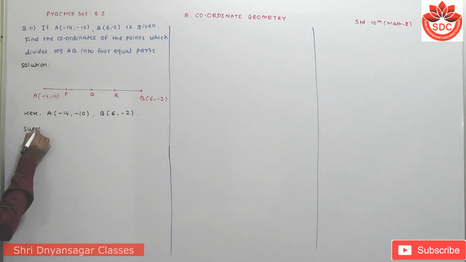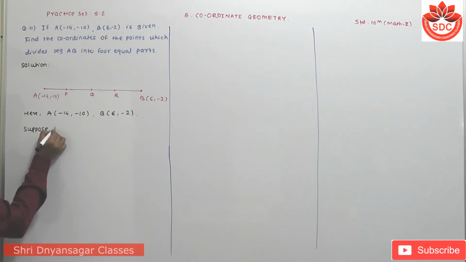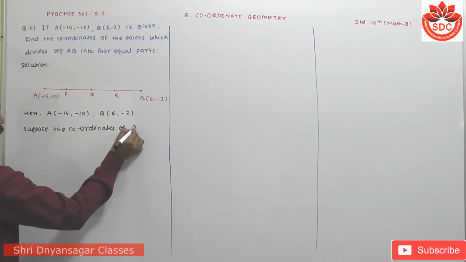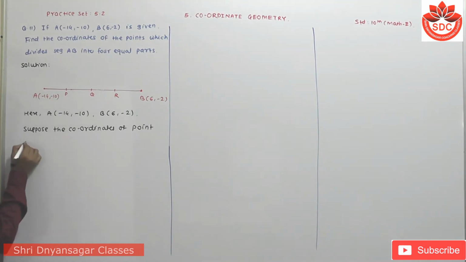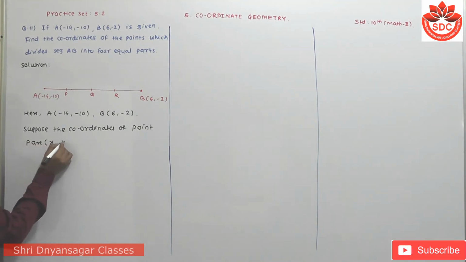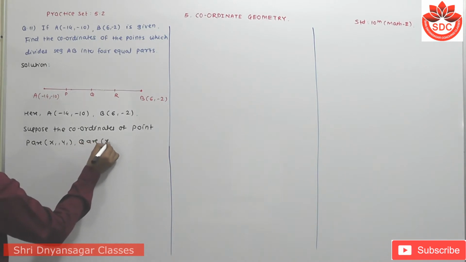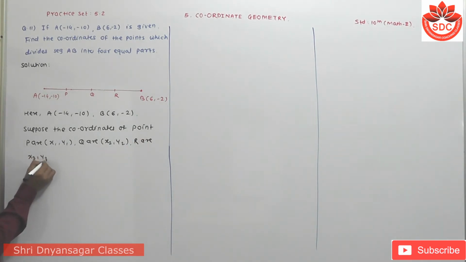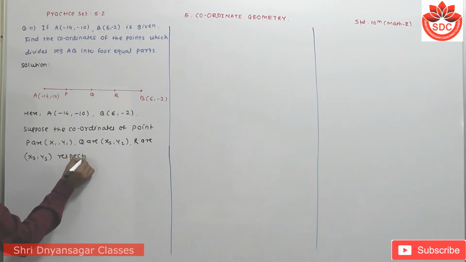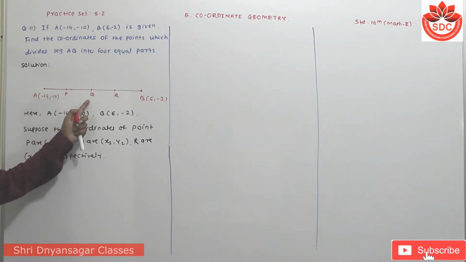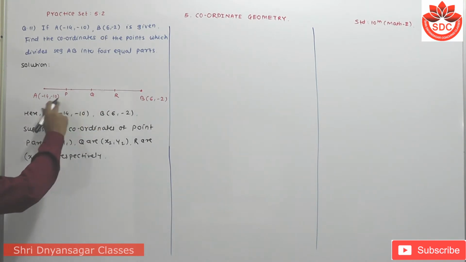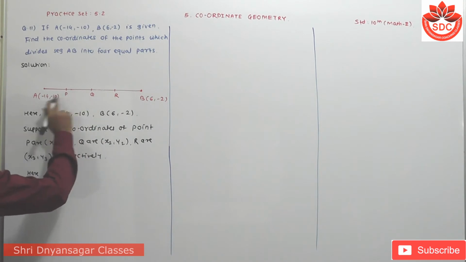Suppose the coordinates of point Q... I take here, if 4 equal parts are formed, then Q is the midpoint of the segment AB.